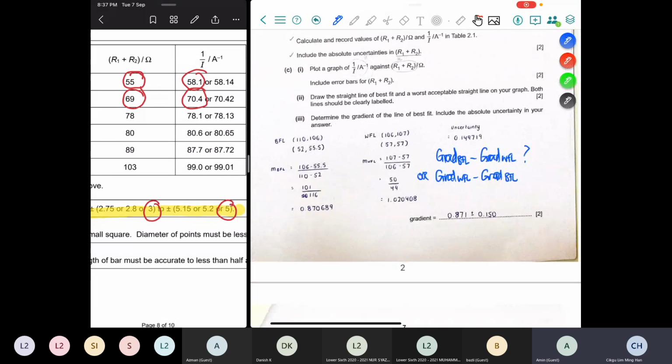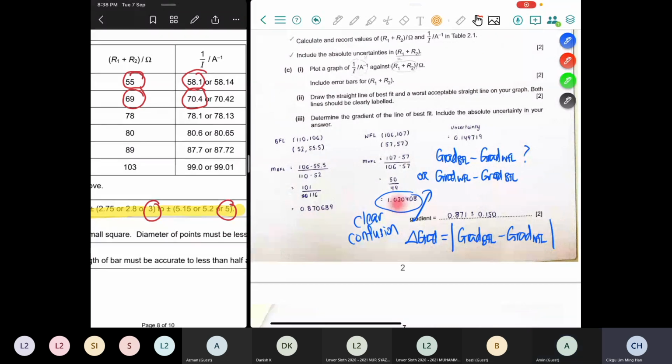Now to clear the confusion, Amin, we use modulus. So you have the uncertainty for the gradient, just use modulus. When you put a modulus, even though the answer is minus, it will become positive. So don't worry, you just add a modulus between them. For example, if you have a negative and a positive value, it's alright.